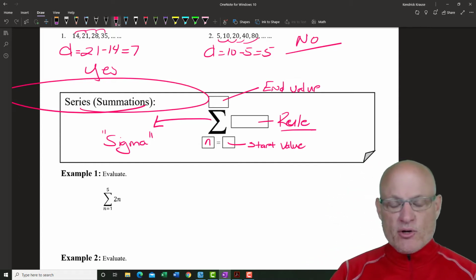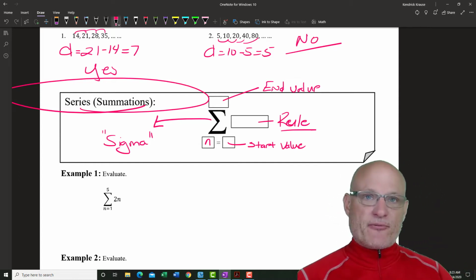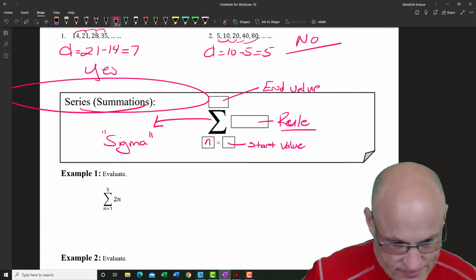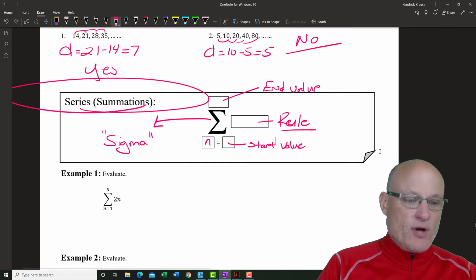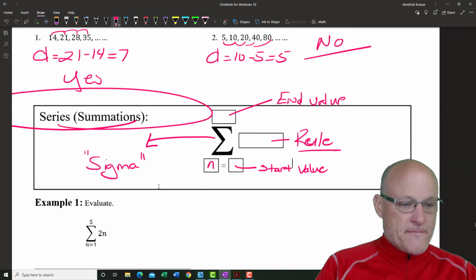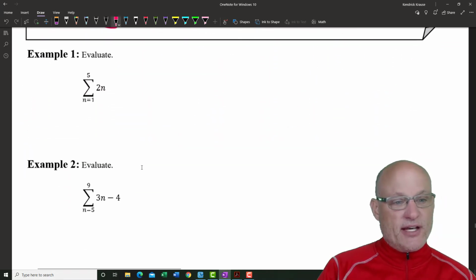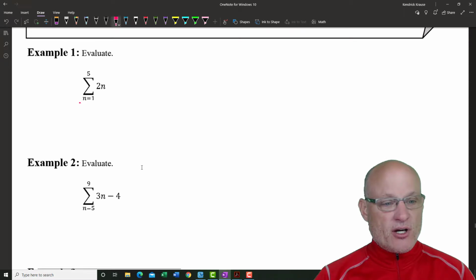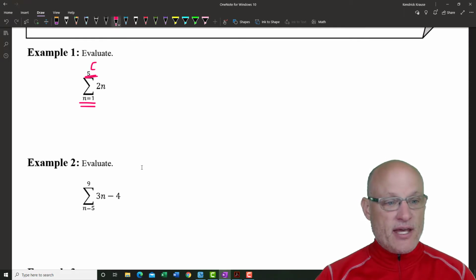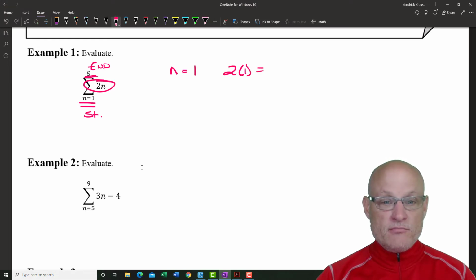All right. So in other words, let's say they say sum up the first. Well, you'll see. Let's just do it. Blow this up a little bit. All righty. So what this says is, we're going to start at n equals 1, and we're going to stop at n equals 5. So remember, this is the end. This is my start. And this is my rule. So when n equals 1, we're going to go, okay, 2 times 1 is 2.